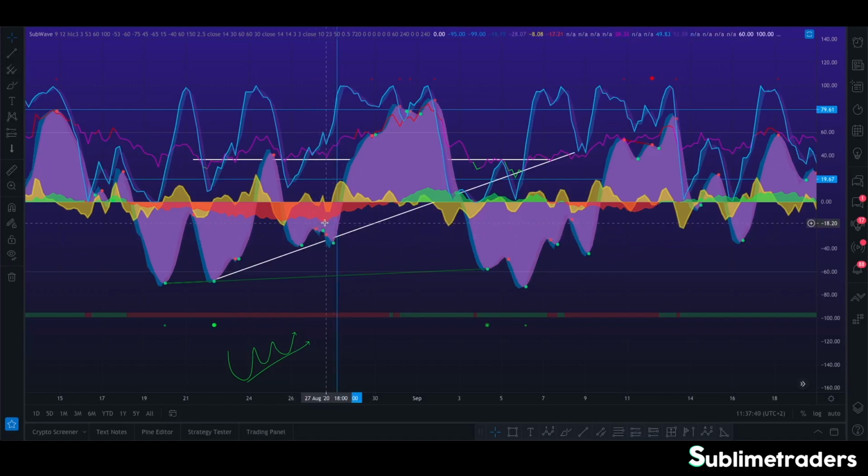So I have the money flow in the red. I have a trend line that is connecting at least 2 points, almost 3 in this case. The stochastic is somewhere midway, doesn't really matter.